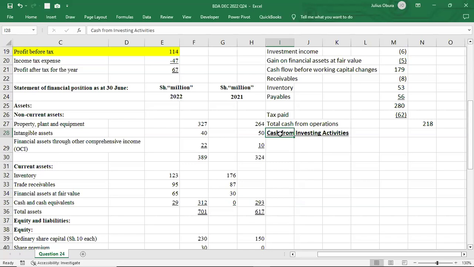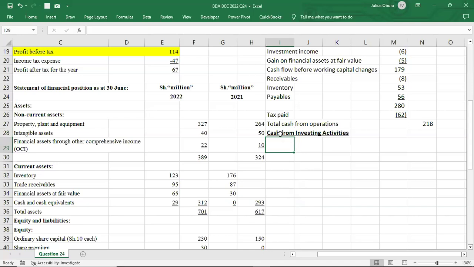Now, for cash from investing activities, what we have said is that we look at disposal or acquisition of any long-term assets.